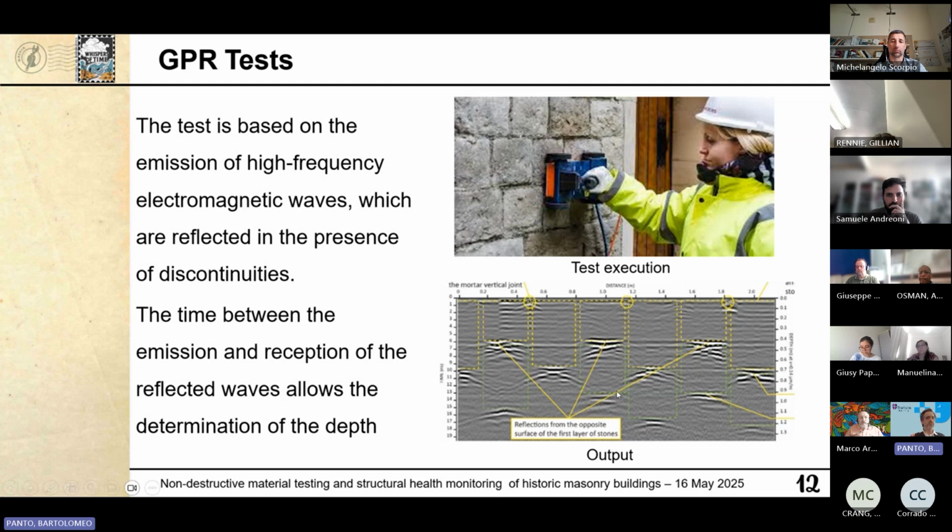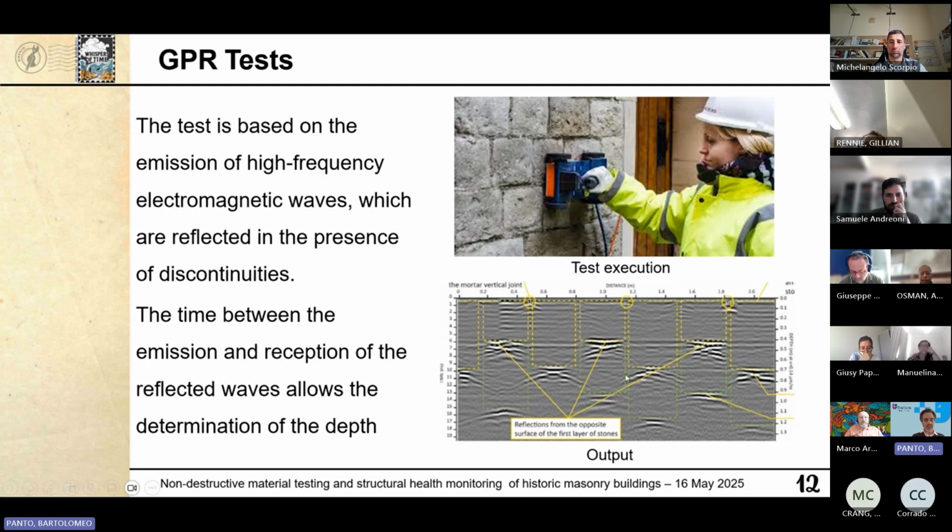So this output is quite clear. It's very easy to see that it was a very regular brick wall, and it's very easy to see the brickwork through the masonry. Sometimes when the material is much more irregular, this output is much more difficult to interpret.